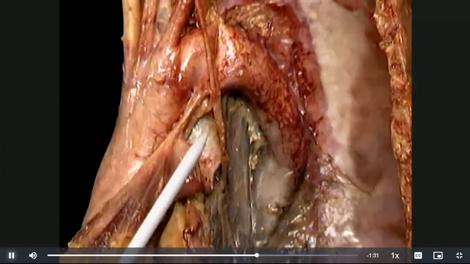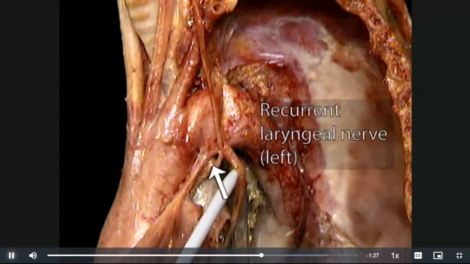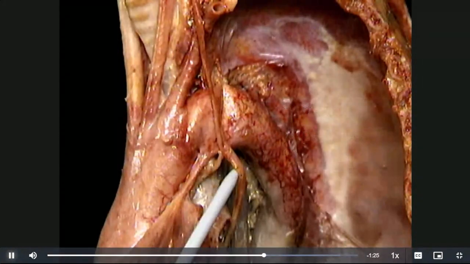On the left side, the recurrent laryngeal branch is given off here and curls around the arch of the aorta to return to the neck. Now we'll look at the intercostal nerves and at the sympathetic trunk.